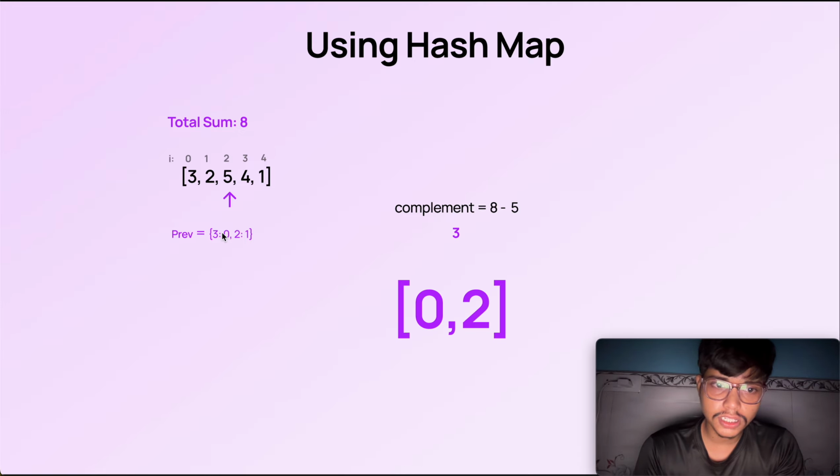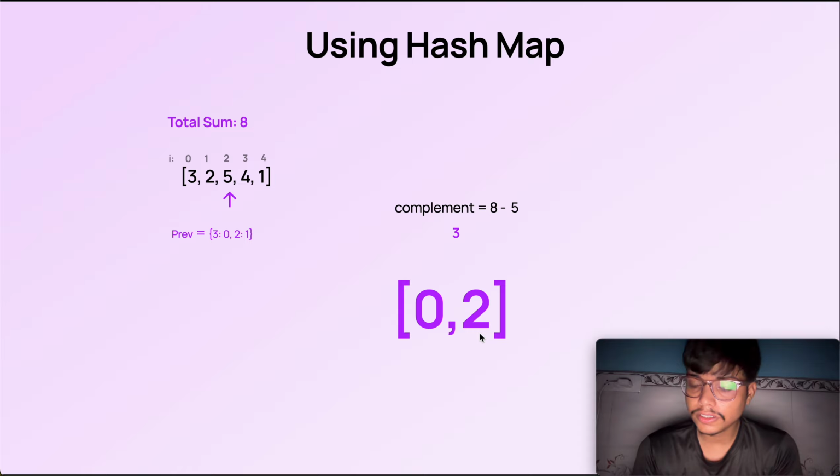We can get the complement index in the previous because we have stored the indexes as a value, and we can get the current index on the second element, right? For example, 0 we have stored, and here we have found a pair, so we can get the index. So 0 and 2 will be our answer, right?